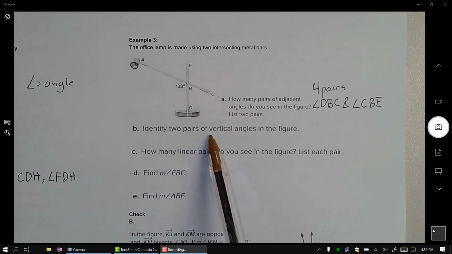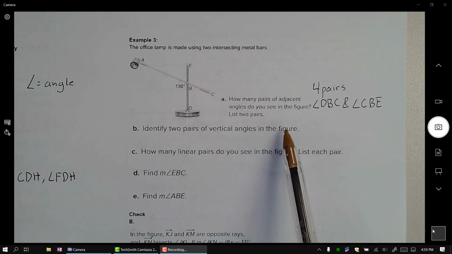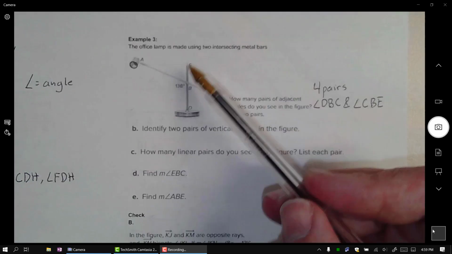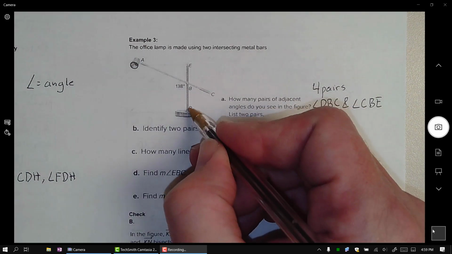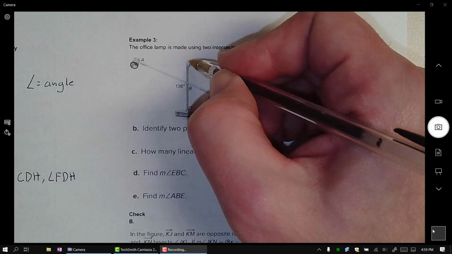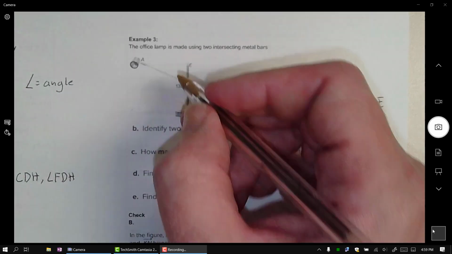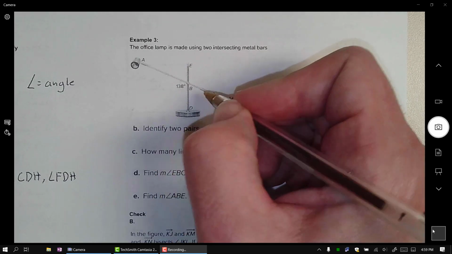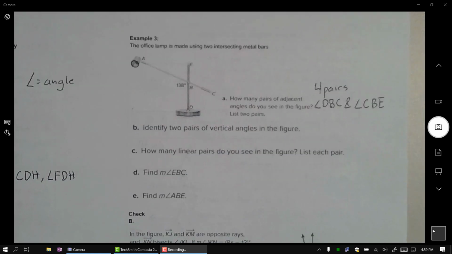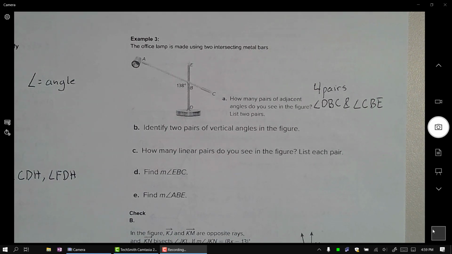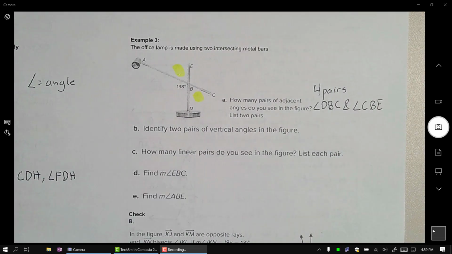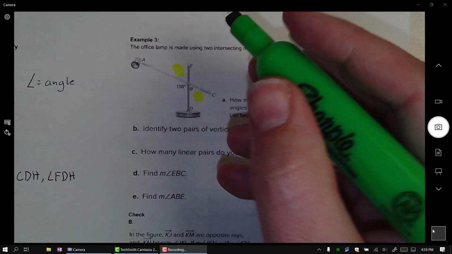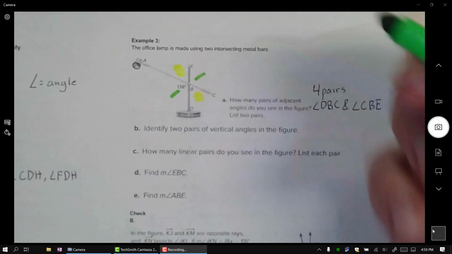Identify two pairs of vertical angles in the figure. So we want the opposite and we want the opposite. So two pairs. So the first one would be DBC with EBA. So that'd be this angle right here, so I'll do it in yellow, with this angle right here. So those would be my verticals. And then this angle and this angle.